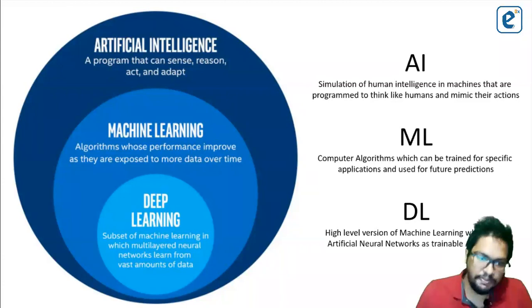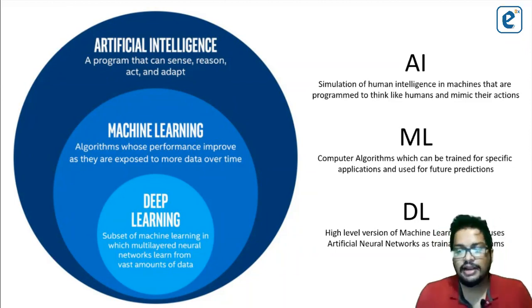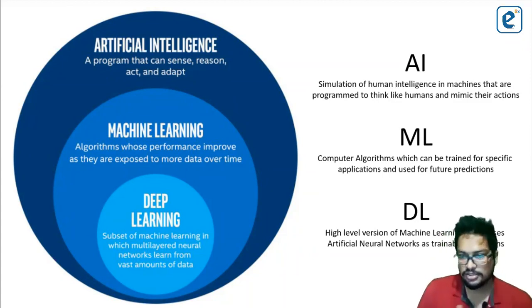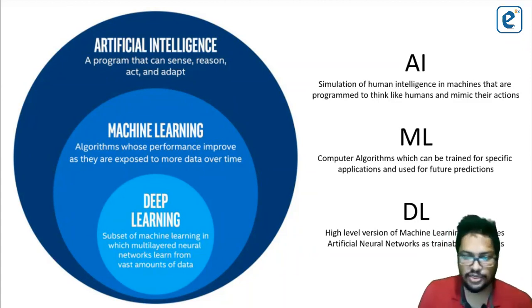But deep learning, since it's a high-level version of machine learning and uses neural networks, we can use neural networks for high-level, complicated applications. I will show you some examples, then you will understand what I mean, right? So nowadays, the trend is to use neural networks to solve our problems like that.